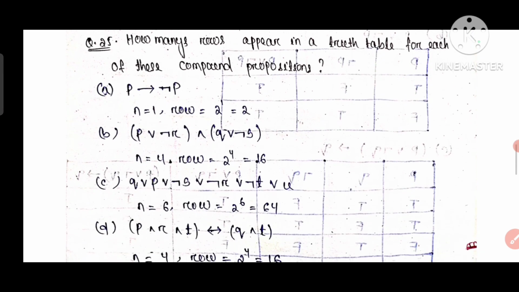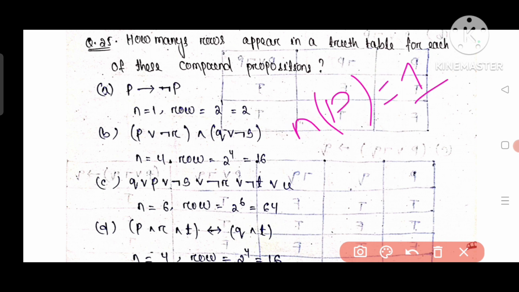Next I give some example questions. I ask questions like: how many rows appear in a truth table for each of these compound propositions? In the first question, P conditional negation of P. Here n equal to 1, meaning the number of propositional variables is 1.